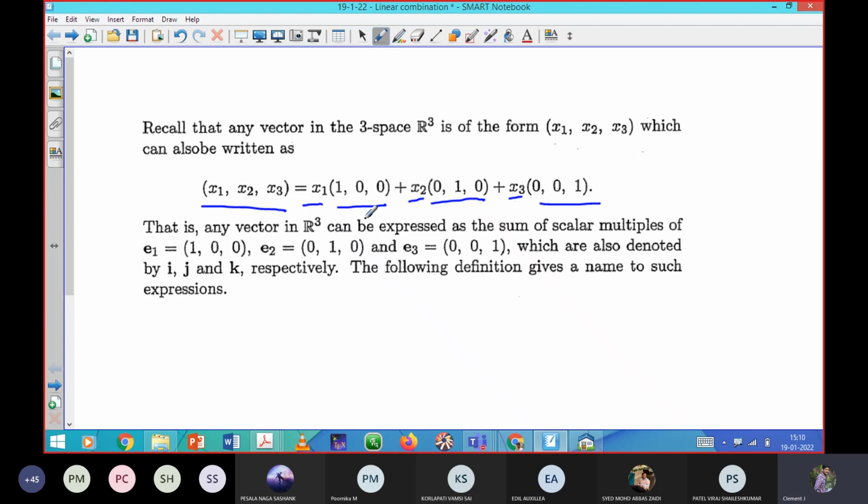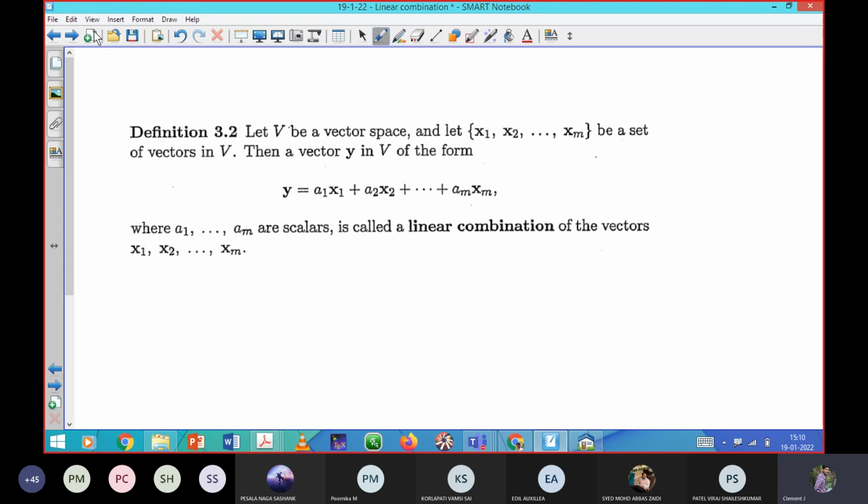It is not needed to be unique, like always 1 0 0, 0 1 0, 0 0 1. It can be any other values also. But generally, if you need to state a quick answer to write a vector as a linear combination, the person will definitely say 1 0 0, 0 1 0, 0 0 1.